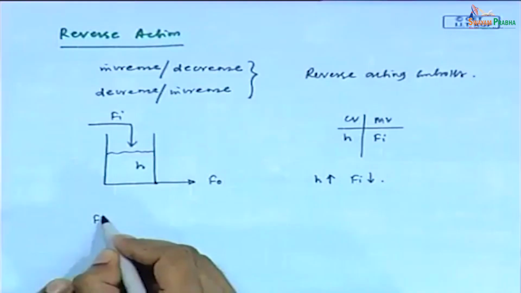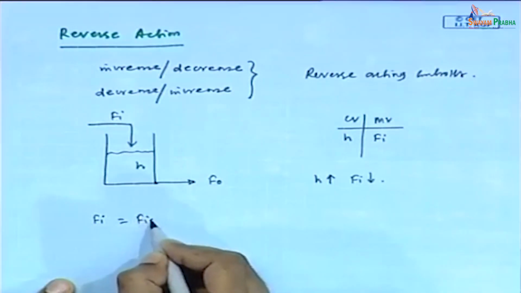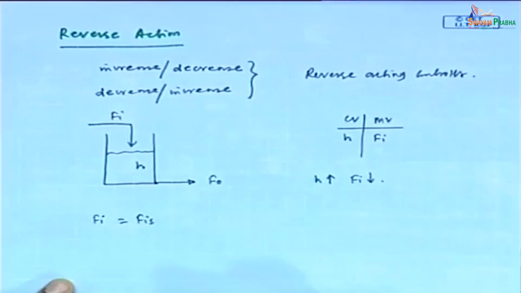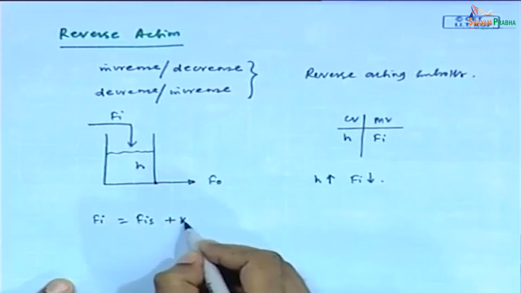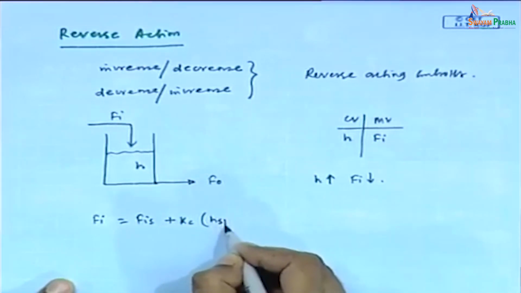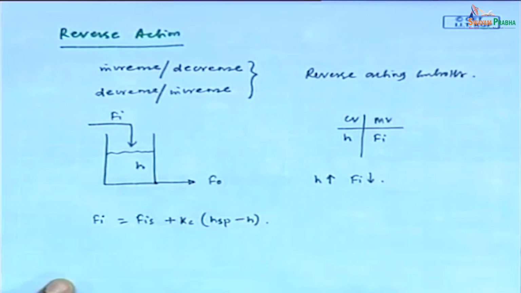Fine. Now, we will similarly write the controller equation. Fi equals Fis plus Kc times h set point minus h.